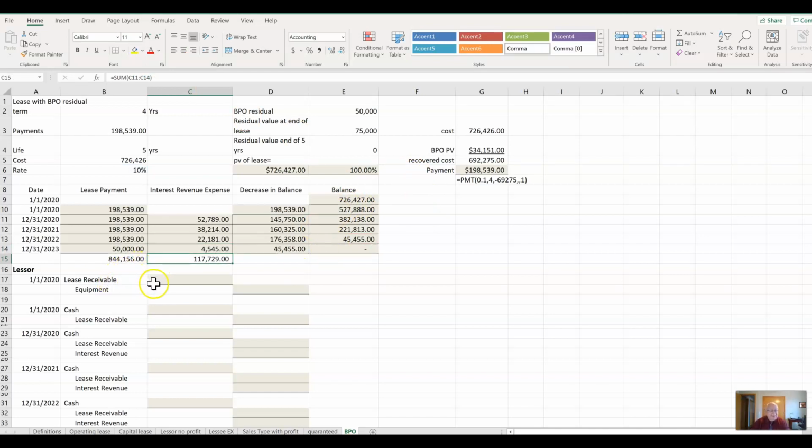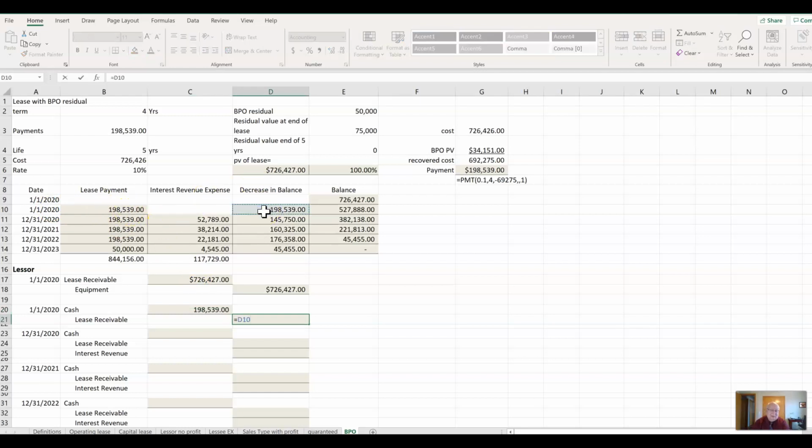And again, this is a regular lease, so it's equal to the 726,427. 726,427 is the equipment. The first payment is the 198,539, and lease receivable is 198,539. And then this is the first payment, the cash for the end of the year payment. Okay, 198,539.